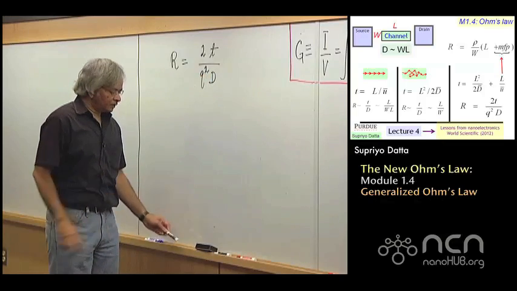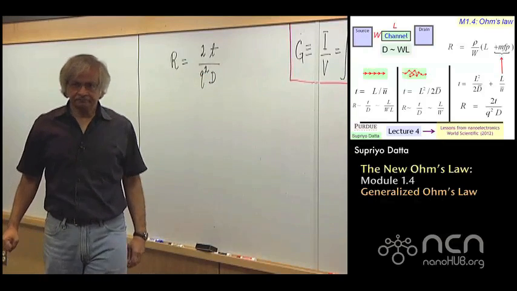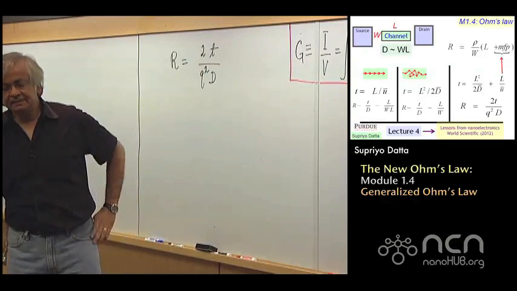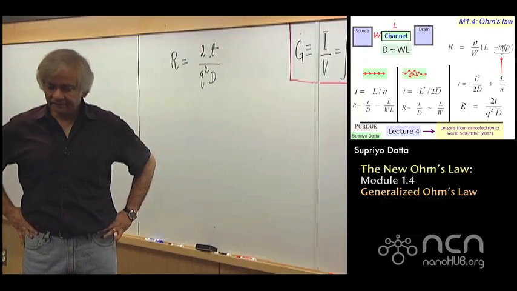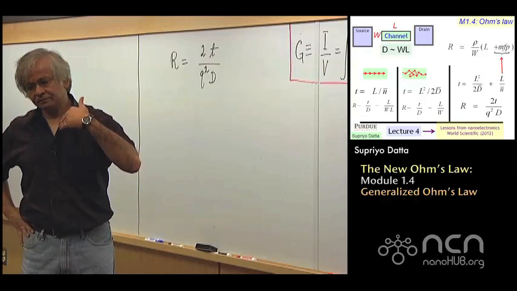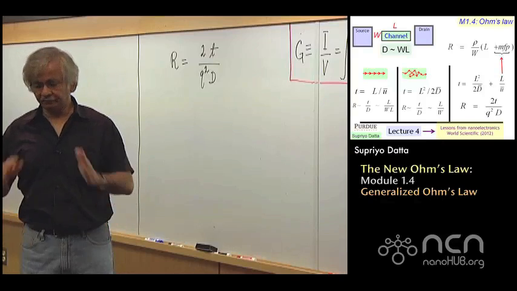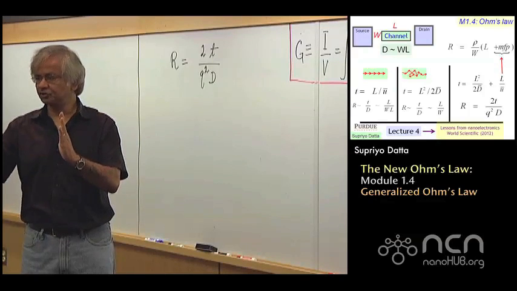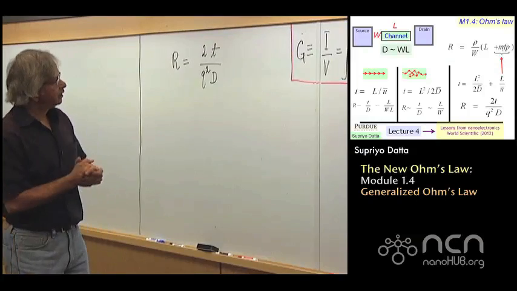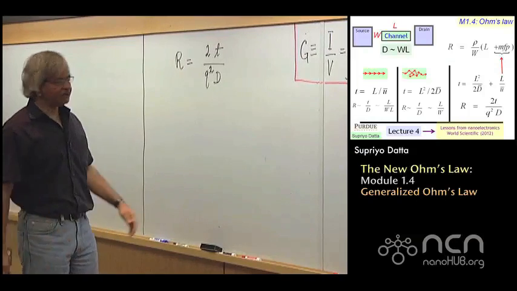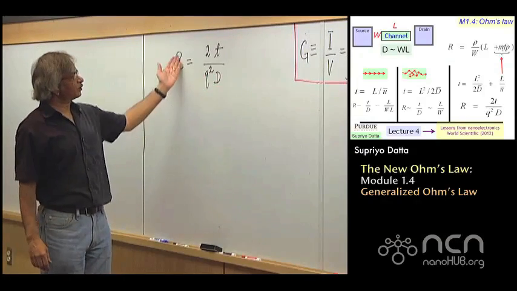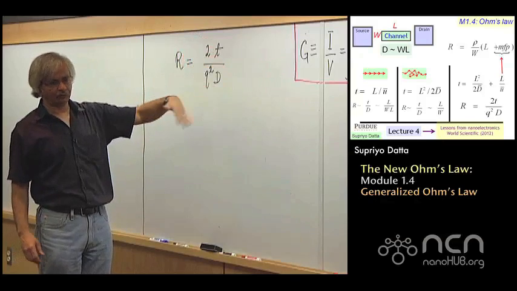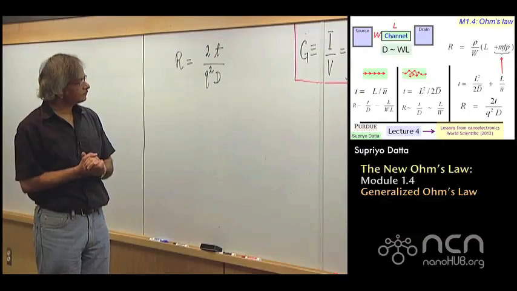Now, Ohm's law tells us that the resistance of something should change linearly with length. If I make something twice as long, the resistance should be twice as big. Now, the question is, can we understand that looking at this equation, the one that we just obtained?